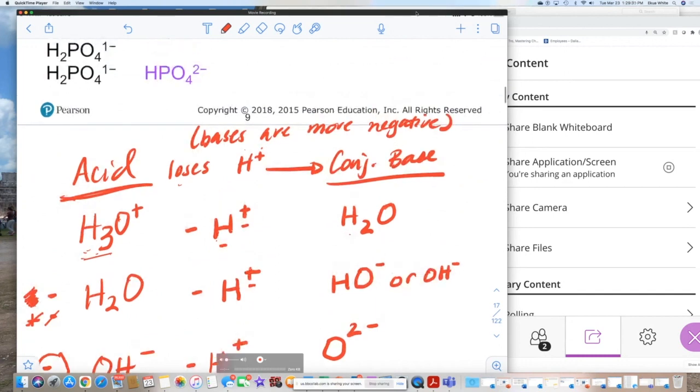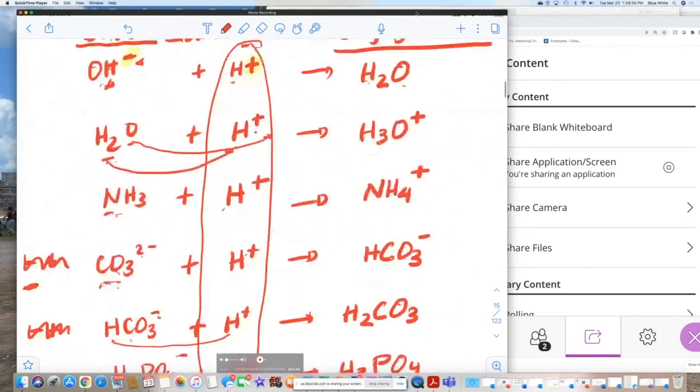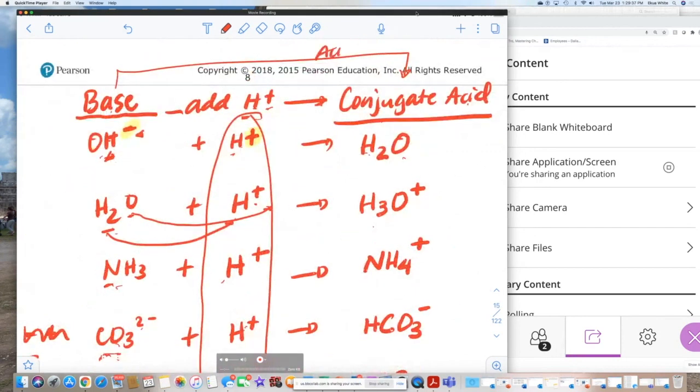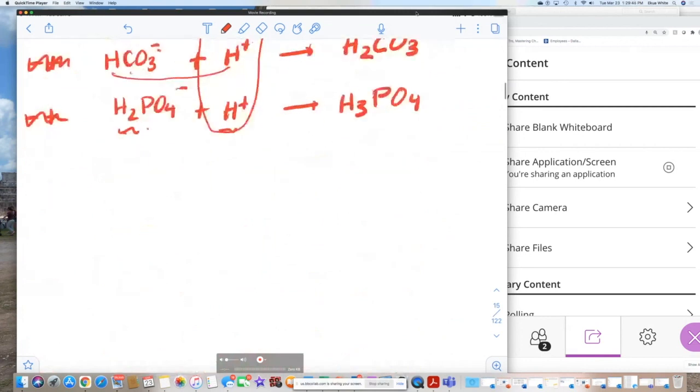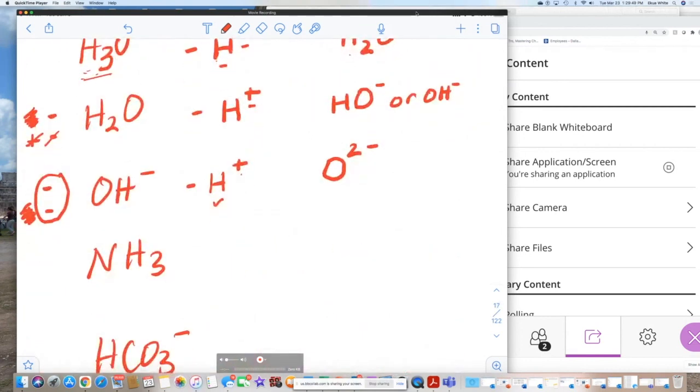As I'm doing this, I'm hoping you're seeing the trends. And then acids are more positive. Acids are more positive, right? So as you're working on this step by step, I like to do step by step problems because if my brain is having an issue connecting to the concept, it gives my brain some time to catch up.